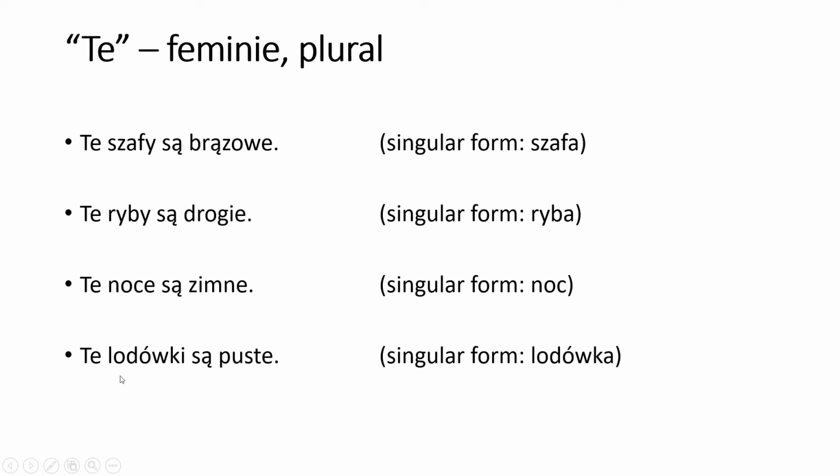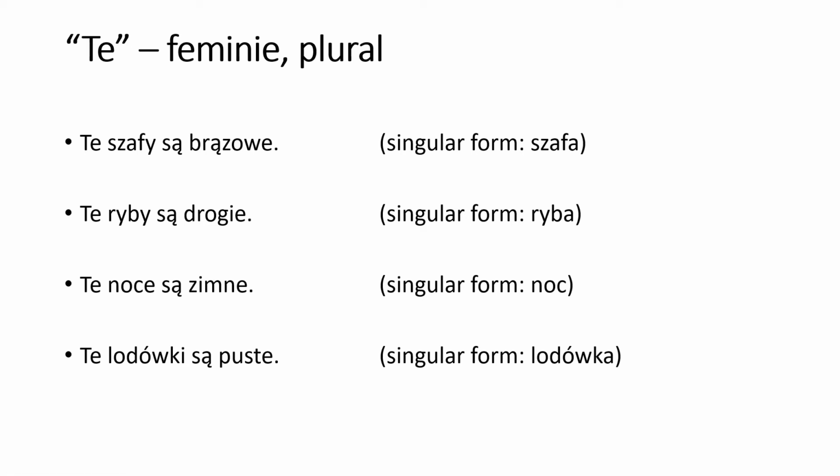One rule, if you want to know whether to add e or i to the endings: if it ends with k or g, you put i next to it, because this is the rule. Yes, lodówki. You cannot say lodówky. And if it was a word with g, you also have to add i, not y.